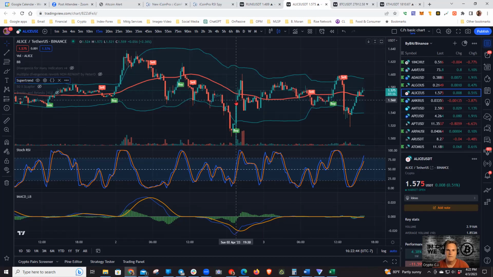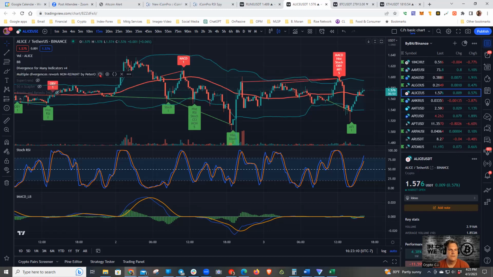Over here, this buy signal was confirmed by the stochastic RSI, the blue line crossing the orange. And then the MACD crosses over a little too late, actually, on this green candle here and drops. So use these if you want. Some people swear by them, some people not so much.